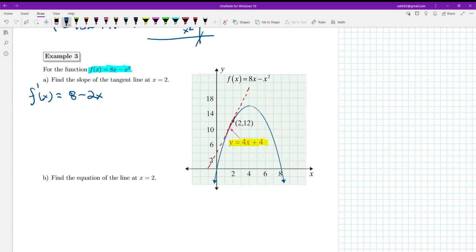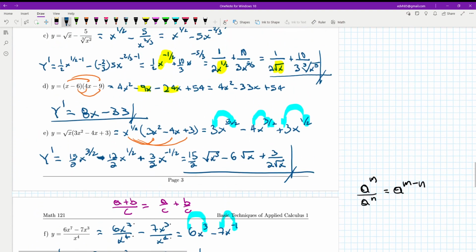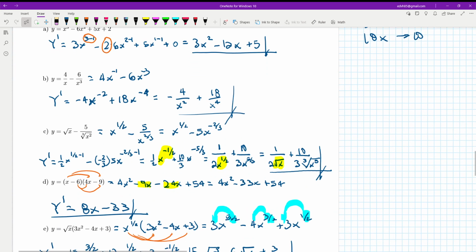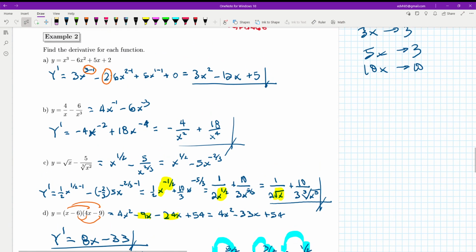Now, the way that we interpret this derivative: in the previous examples, we did a lot of algebra, we took derivatives, and we obtained functions. But what do these functions represent? For example, for letter A, this derivative represents the slope of the tangent line at any point on the graph of y equals x cubed minus 6x squared plus 5x plus 2, and in this case for any real number.